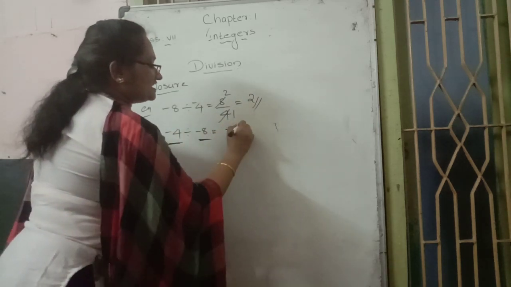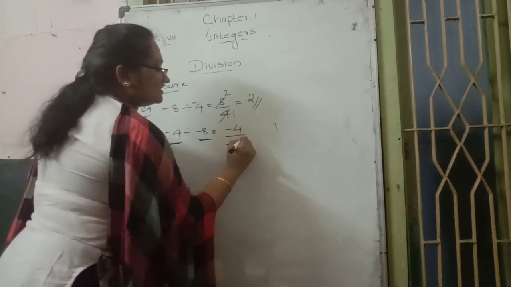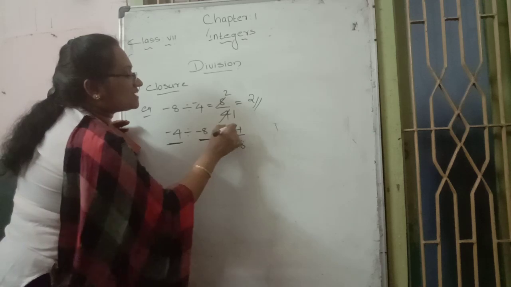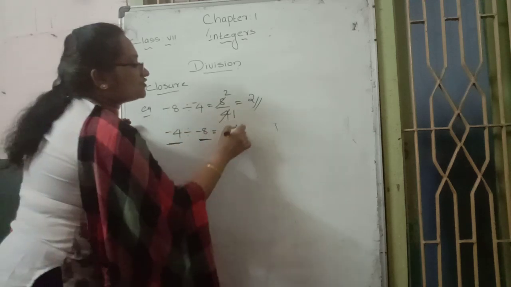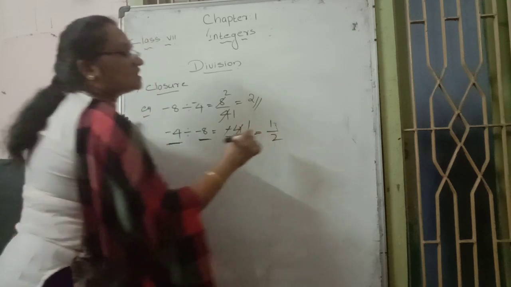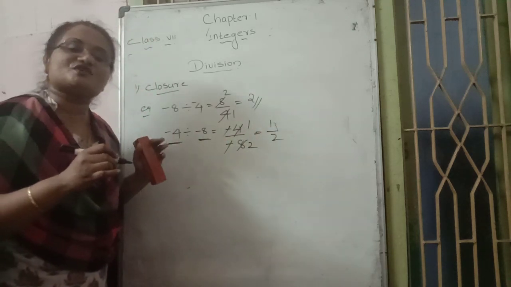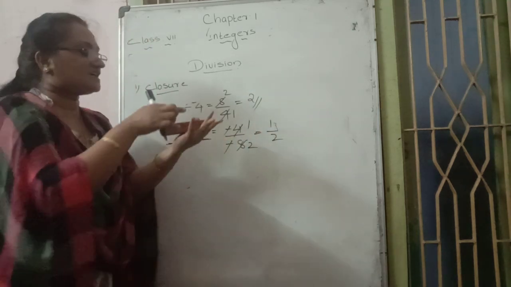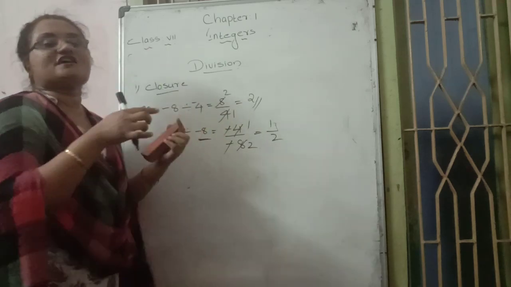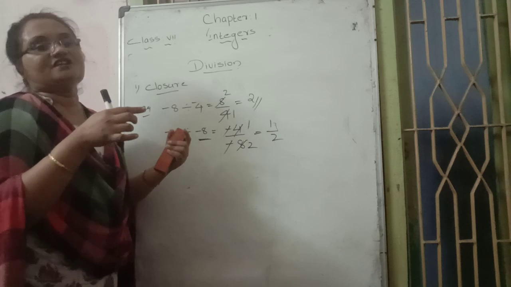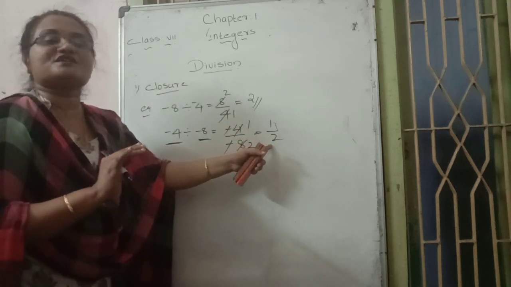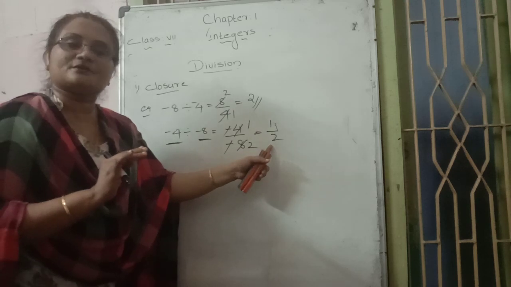The dividend is written in the numerator and the divisor on the denominator. Here the minus signs cancel. 4 table 4 is 1 time, 4 table 8 is 2. So which number is coming? A fractional number: 1 by 2 is a fraction. Integers means negative numbers, 0 and positive numbers, as we already learned. So this 1 by 2 represents a fractional number, not an integer.